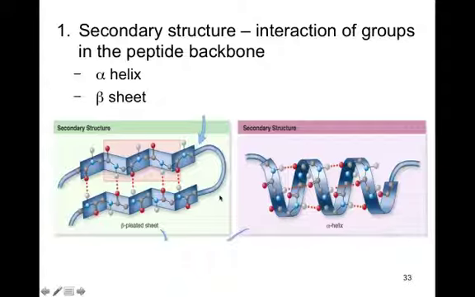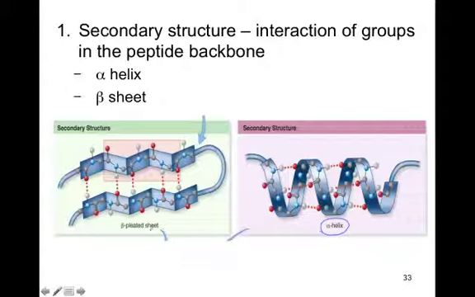Next, we look at the secondary level of structure. This is where we have interaction of groups of the peptide backbone. The most common secondary structure formations that we see are the alpha helix, in which the string of amino acids, or the primary structure, forms loops, just like a DNA helix.